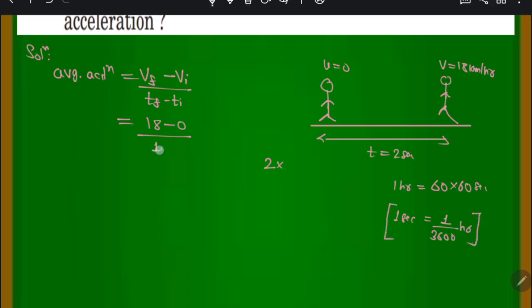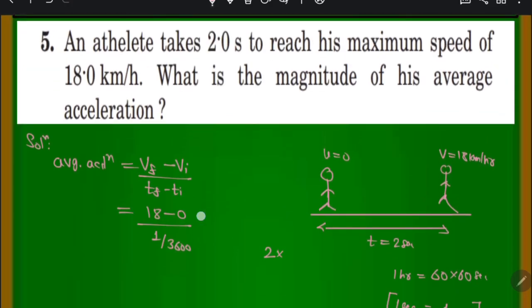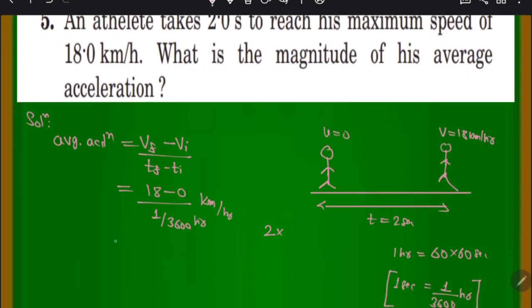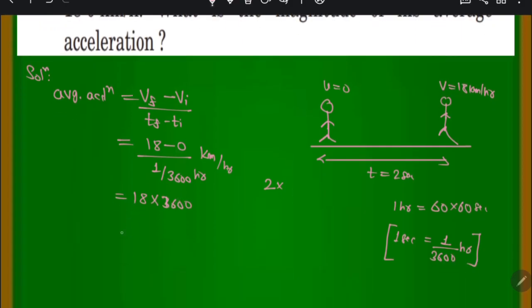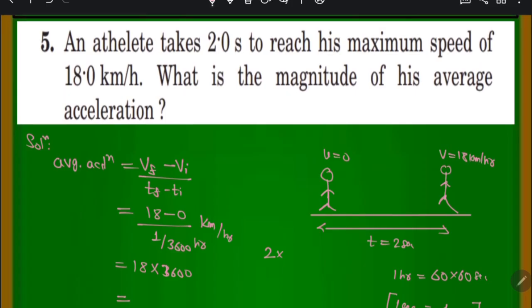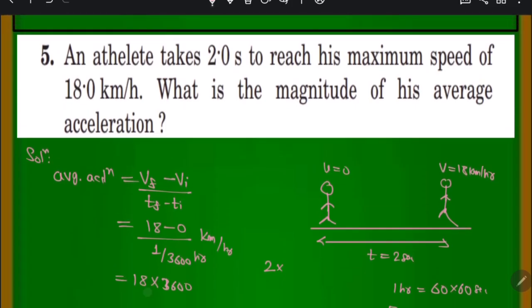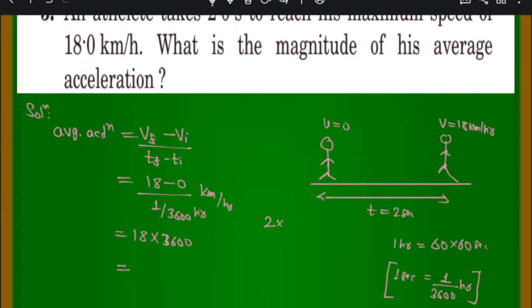So that comes out to be 18 kilometer per hour into 1 upon 3600 hour... you can convert this. It is quite easy. And if we convert to meter per second, that becomes 5 meter per second.